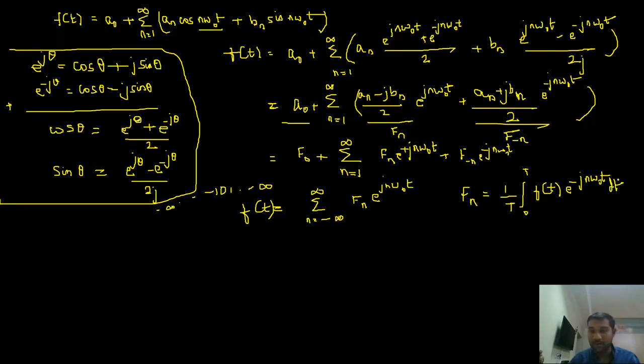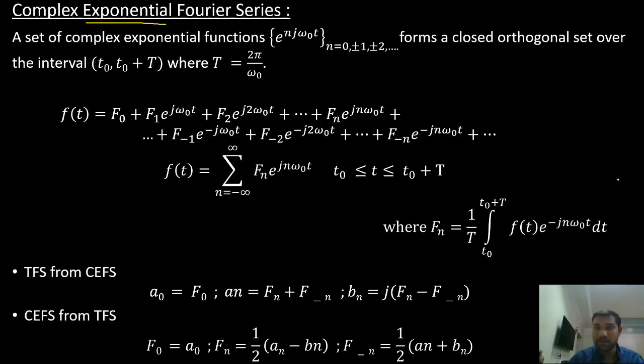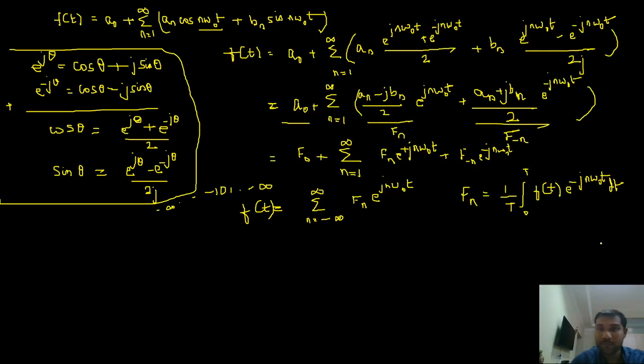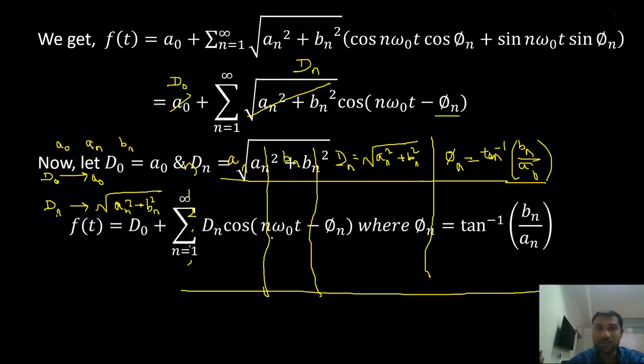Right, that is my fn: 1 by T, over one time period, f of t e^(-jnω₀t) dt.